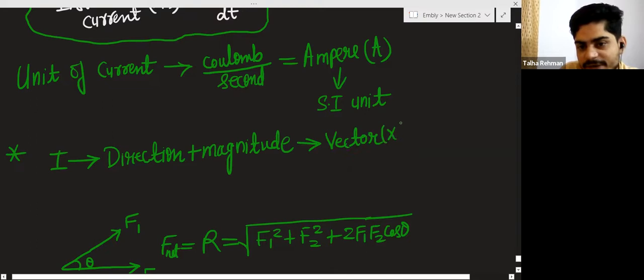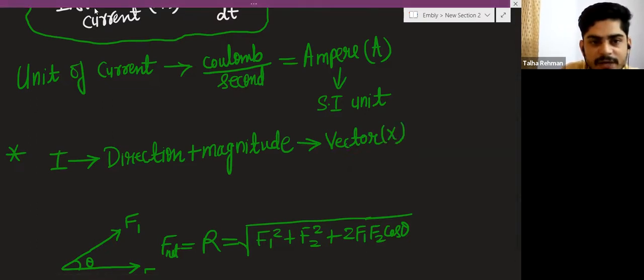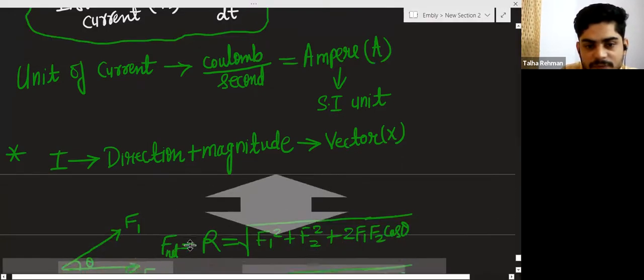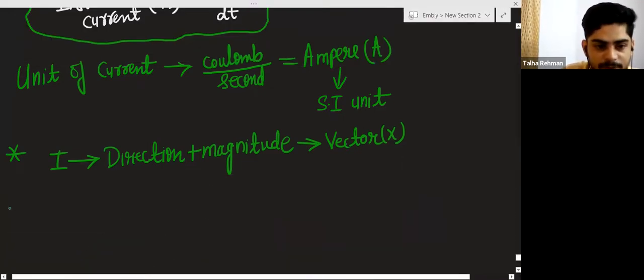Current is not a vector quantity, and current is a tensor quantity.